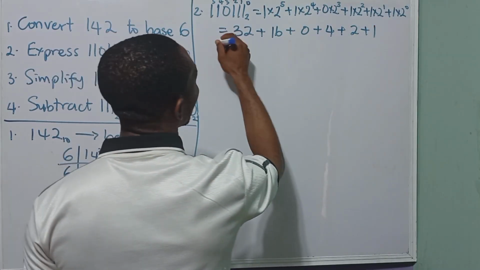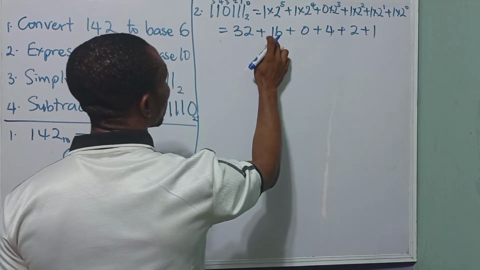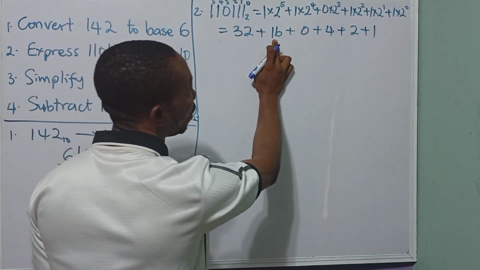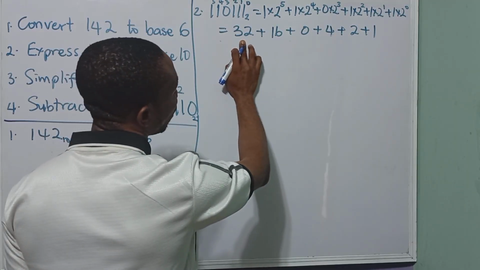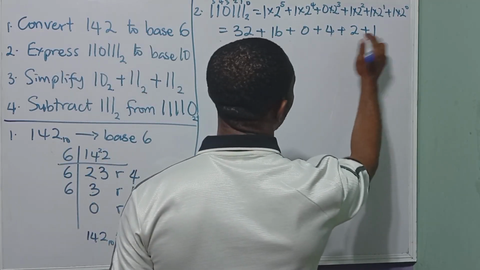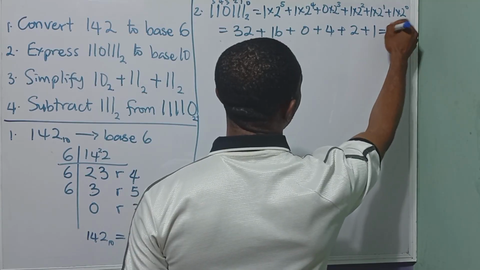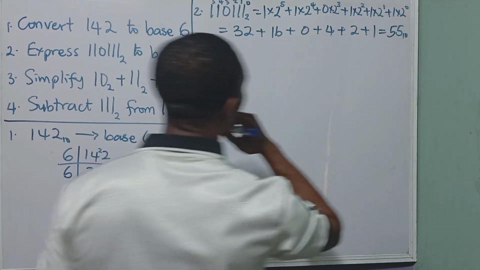So this will give us 16 plus 4 gives us 20, plus 32 will give us 52, plus 2, 54, plus 1, 55 base 10.